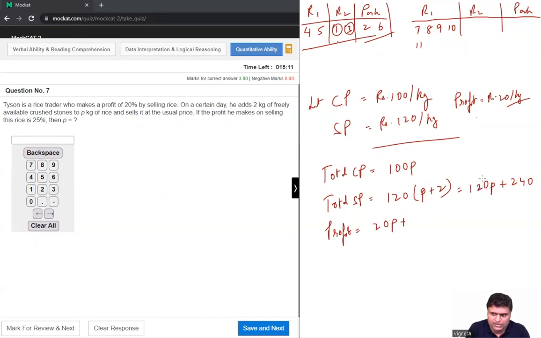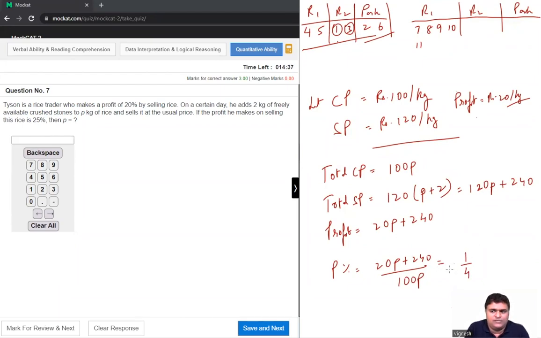We have to do it carefully. Now, the profit percent is given, 25%. 25% means what fraction? 25 by 100 is 1 by 4. So 20p plus 240 divided by 100p equals 1 by 4.